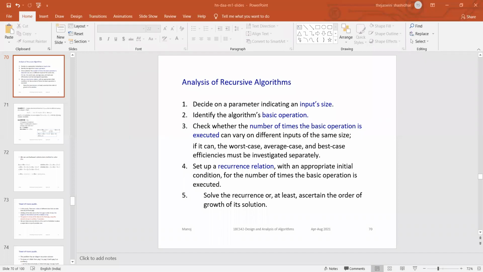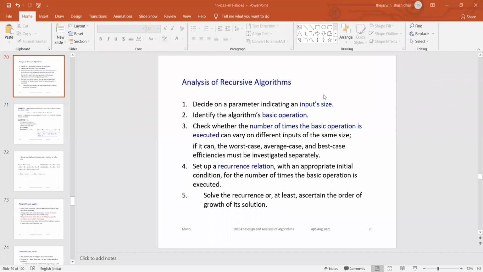So what is the basic operation in our factorial? Can you tell what the basic operation is?